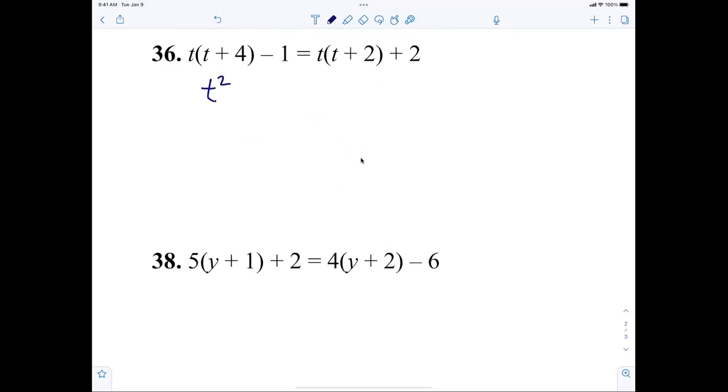Then what? 2t plus 14 minus 1 equals t to the second plus t to the second. Okay, now what happens to the t squareds? They don't cancel. Okay, come on now. And then you would add 14.